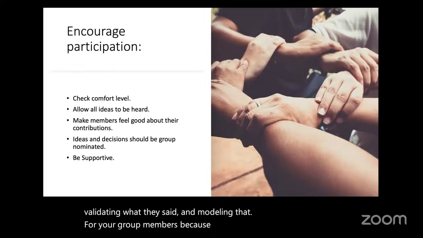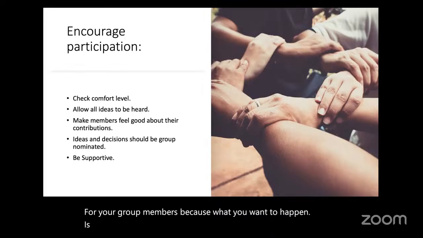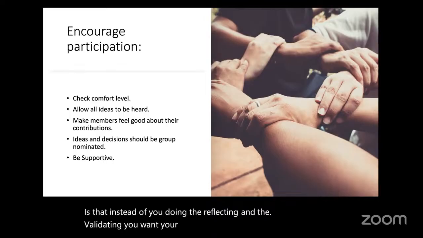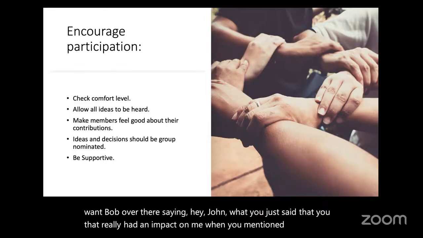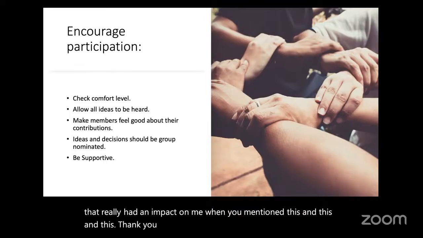Because what you want to happen is that instead of you doing the reflecting and the validating, you want your group members to take that over. So you want Bob over there saying, "Hey, John, what you just said, that really had an impact on me when you mentioned this and this and this. Thank you for expressing that." Okay.